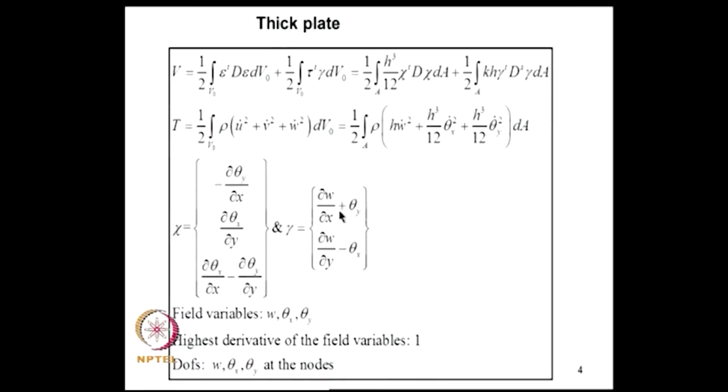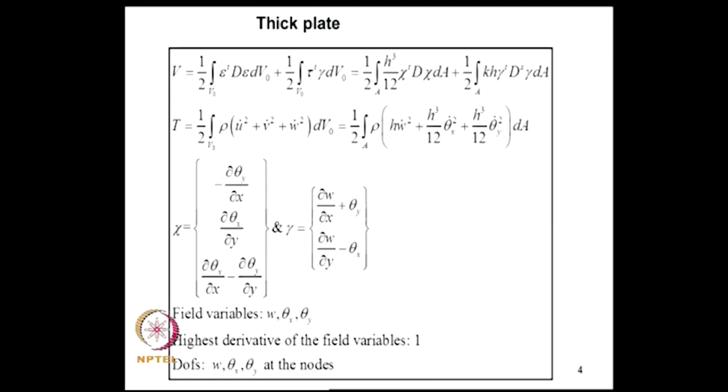In a thick plate, on the other hand, the strain energy and kinetic energy are as shown here. In addition to this definition of chi and gamma, we need to take into account the following. In addition to w, we also define the rotation of the plane that is normal to the middle plane after deformation, the angle through which it rotates.